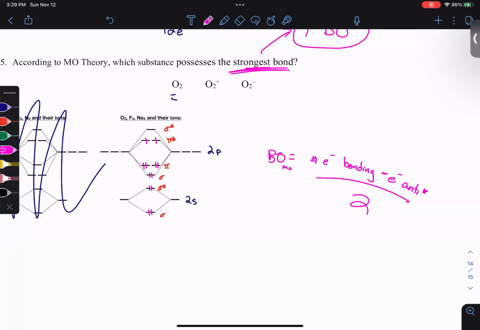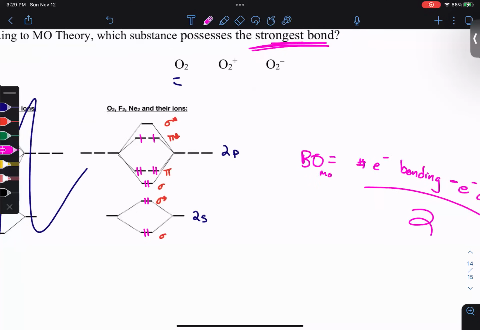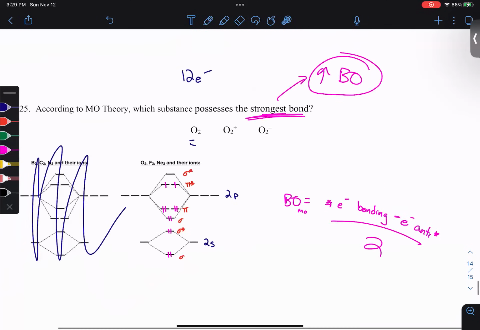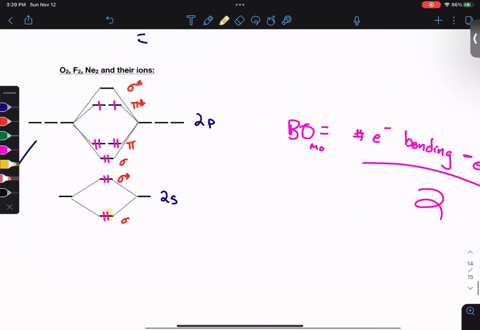The molecule we just did is neutral diatomic oxygen. If you draw the Lewis structure for oxygen, there's a double bond. So when we calculate the bond order of O2 using the MO diagram, what do you think we'll calculate if the Lewis structure has a double bond? We should probably calculate a bond order of 2. Let's check it. There are 1, 2, 3, 4, 5, 6, 7, 8 electrons in bonding orbitals.